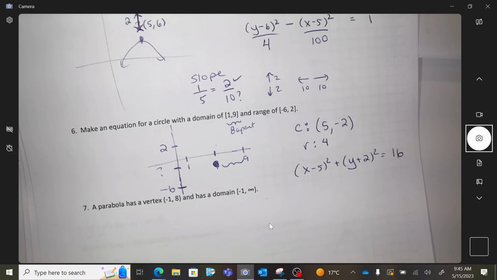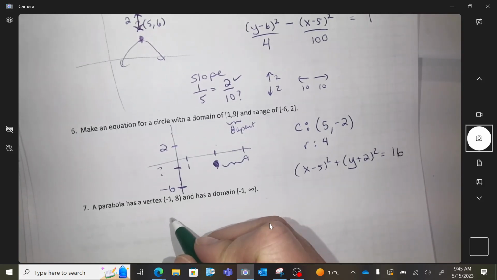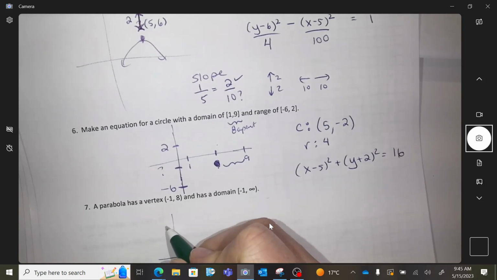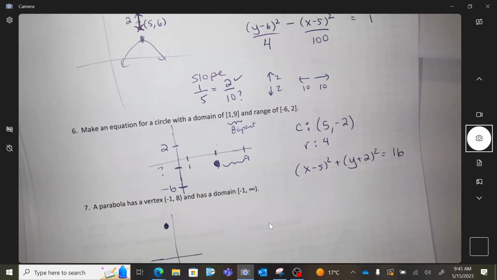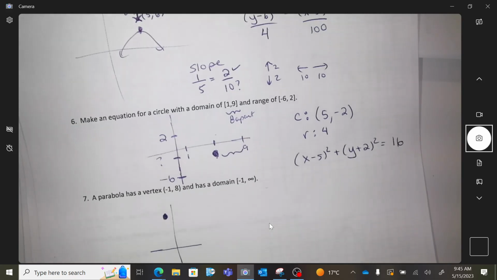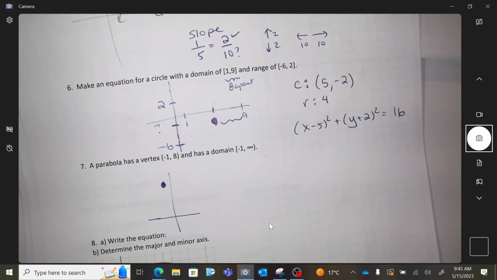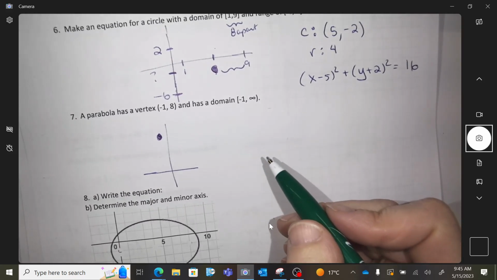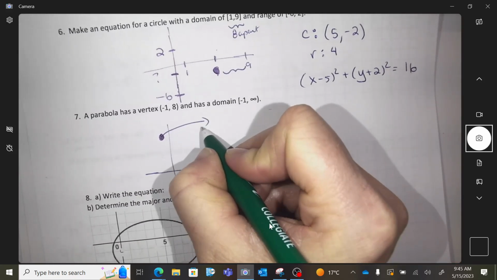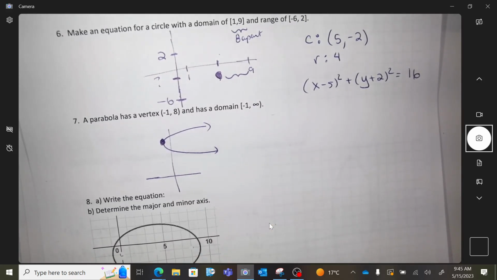Okay, a parabola has a vertex at (-1, 8). And it has a domain from -1 to infinity. The domain is -1 to infinity, so it must look like that.